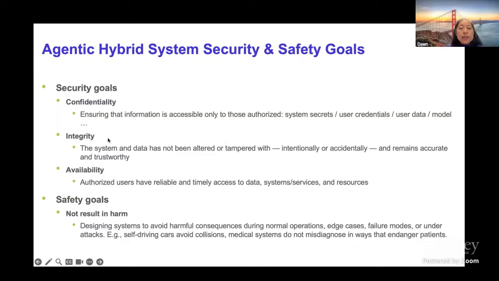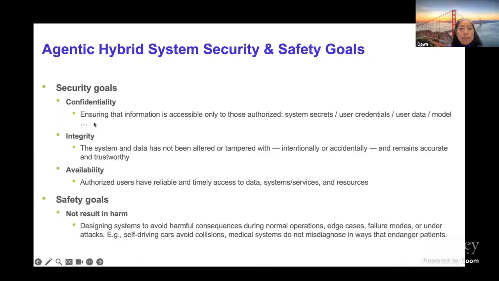And for integrity, the overall agentic hybrid system needs to ensure that the system and the data have not been altered or tampered with, either intentionally or accidentally, and remain accurate and trustworthy. And for availability, it needs to ensure that authorized users have reliable and timely access to data, systems, services, and resources. So this is for the security side.